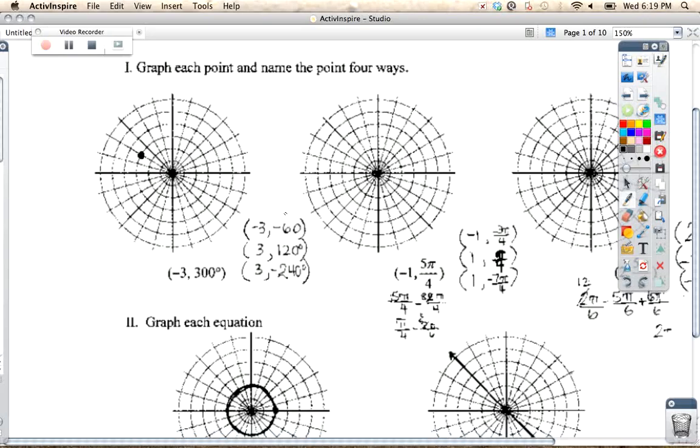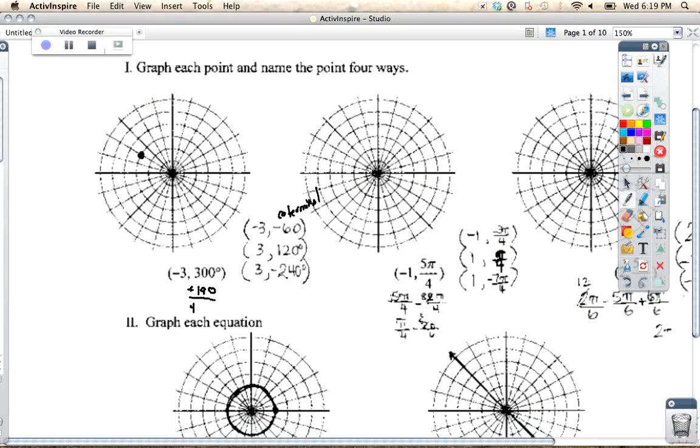So my first coterminal angle is -60 degrees. Now, in order to find the 120 degrees, I am going to take 300 and add 180 to that.